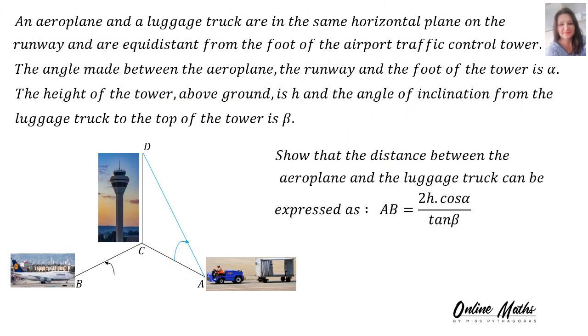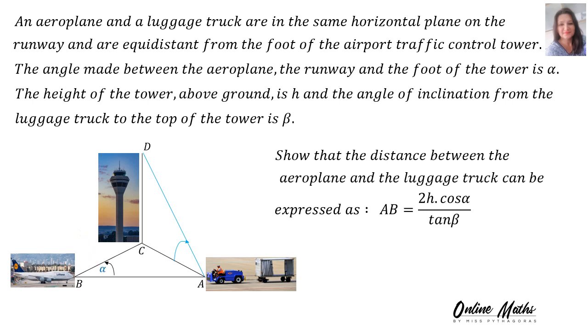An aeroplane and a luggage truck are in the same horizontal plane on the runway and are equidistant from the foot of the airport traffic control tower. The angle made between the aeroplane, the runway, and the foot of the tower is alpha.